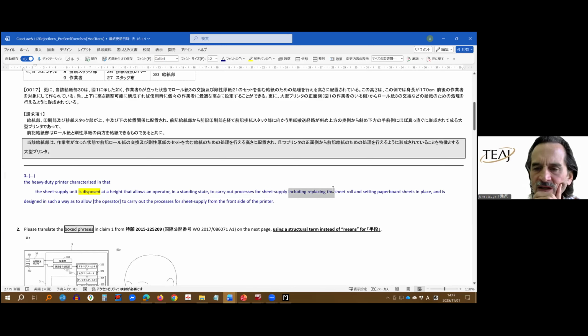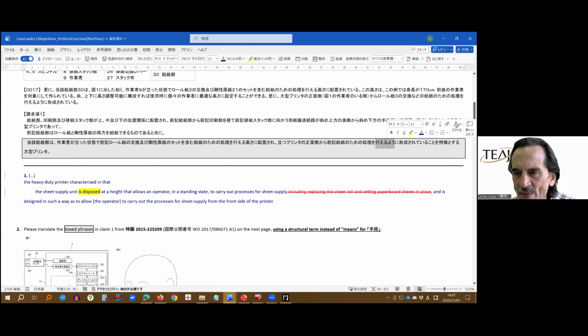This is not really important, this is just filler. We don't really need to worry about that. It's not really important for interpreting the claim. But if we say it's disposed at a height, here's the key issue. We have okonaeru yo ni, but we also have okonaeru.